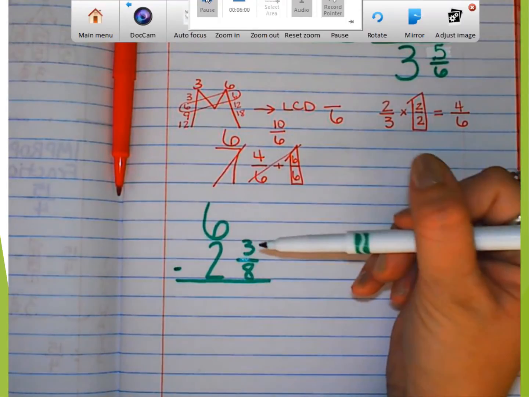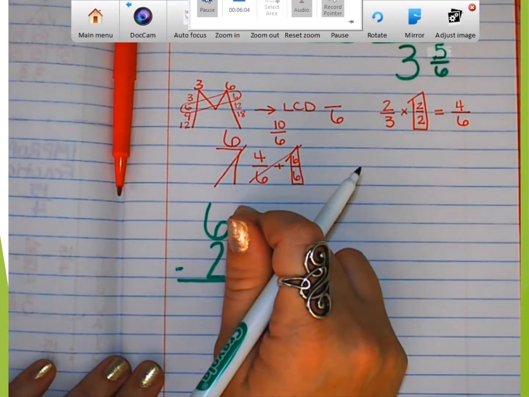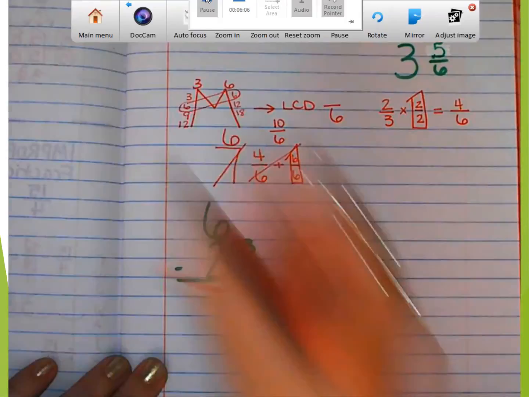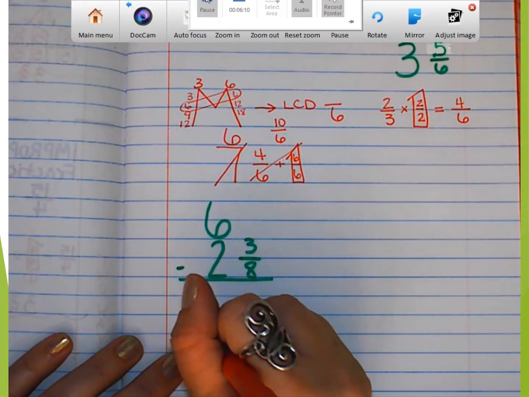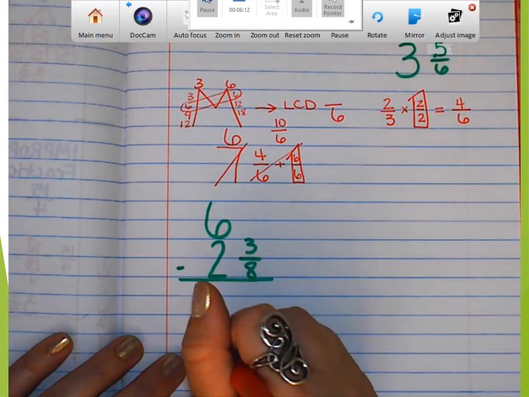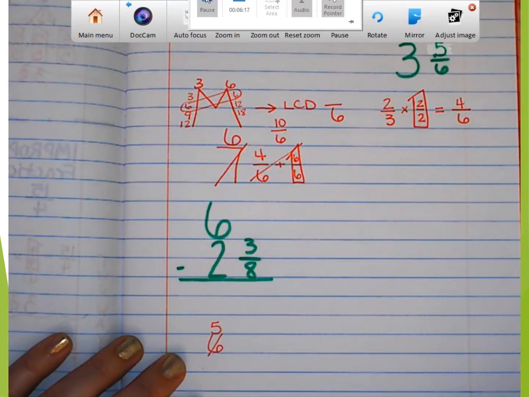That's our first step. So we're going to have to borrow from our whole number. I've got a 6 that I'm going to borrow from. That's going to leave me 5 wholes.